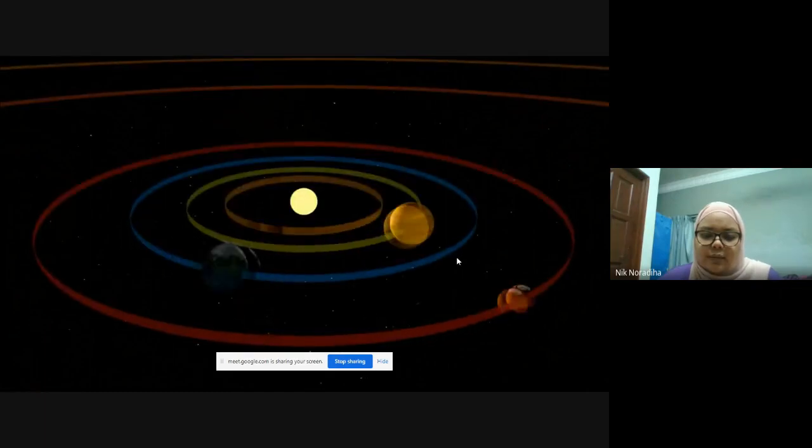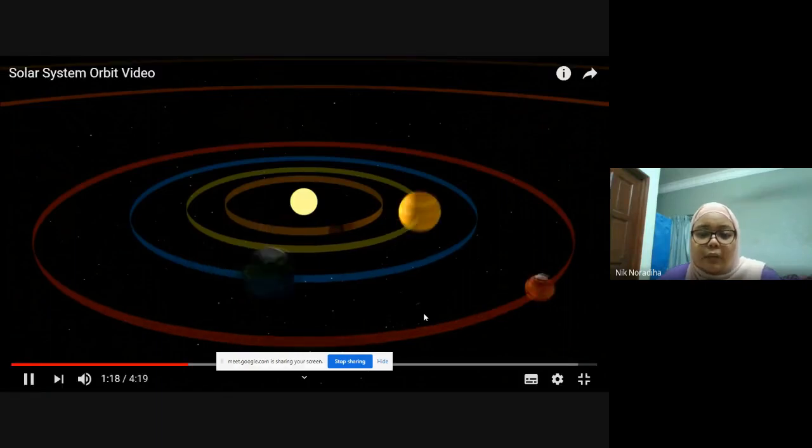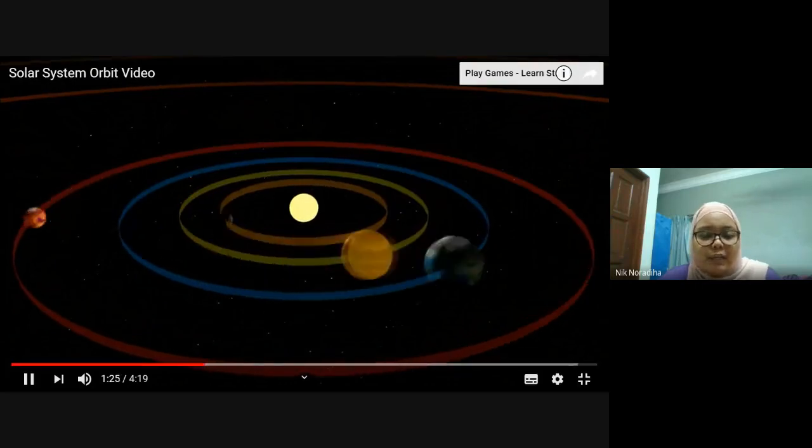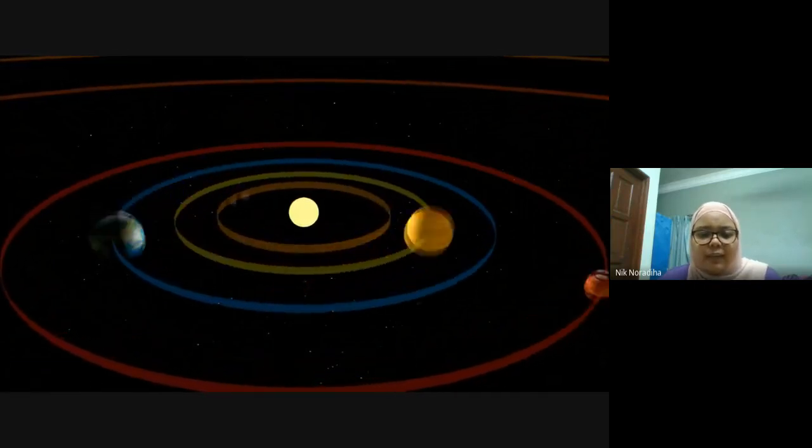Alright, you can see here, they are moving in their own orbit. Each of them has their own orbit. Each of them is rotating in their own path.